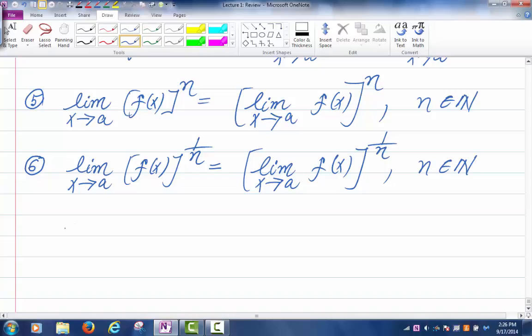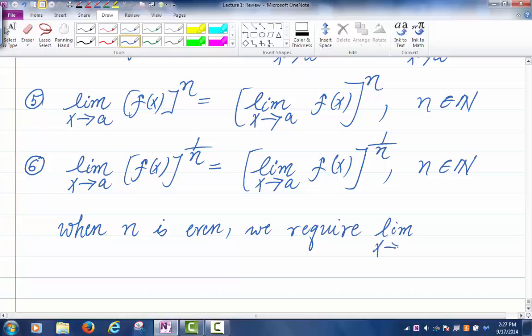When n is even, we require the limit of f to be what? Yeah, we want that to be non-negative. Very good.